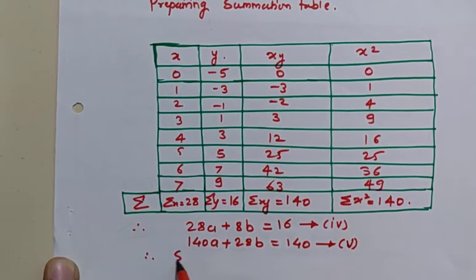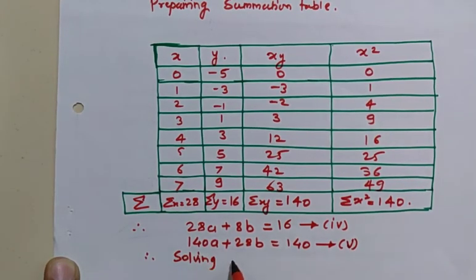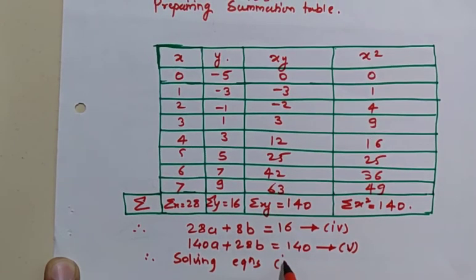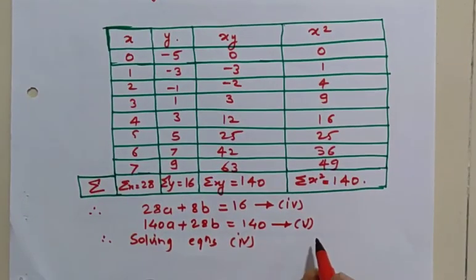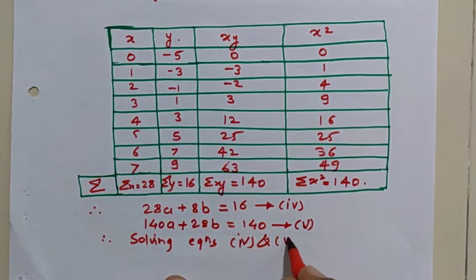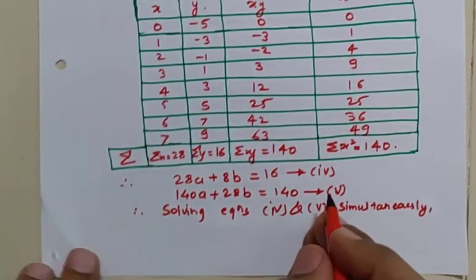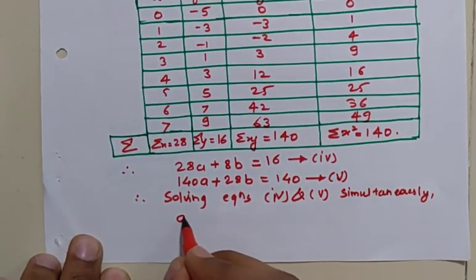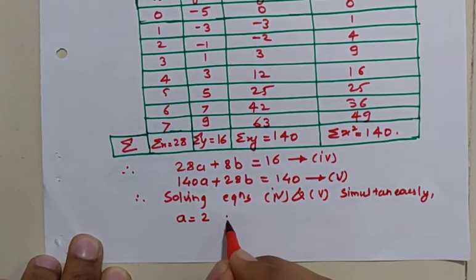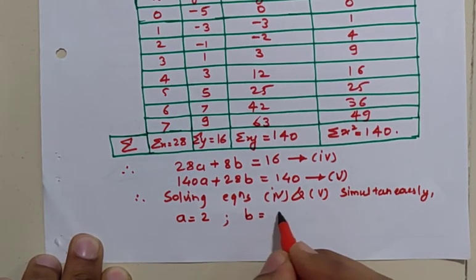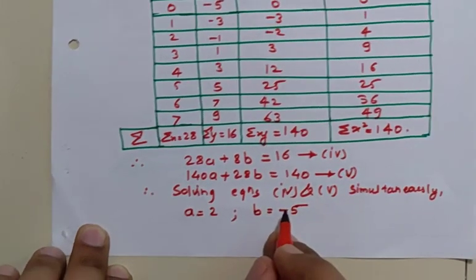So therefore, solving equations 4 and 5 simultaneously, we have the value of a as 2 and the value of b as minus 5.